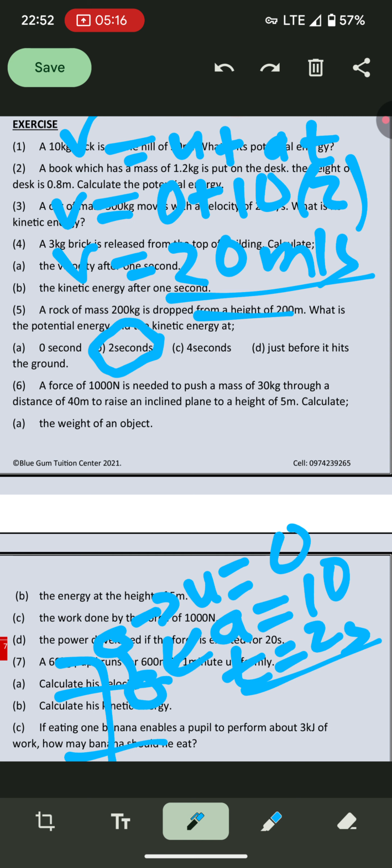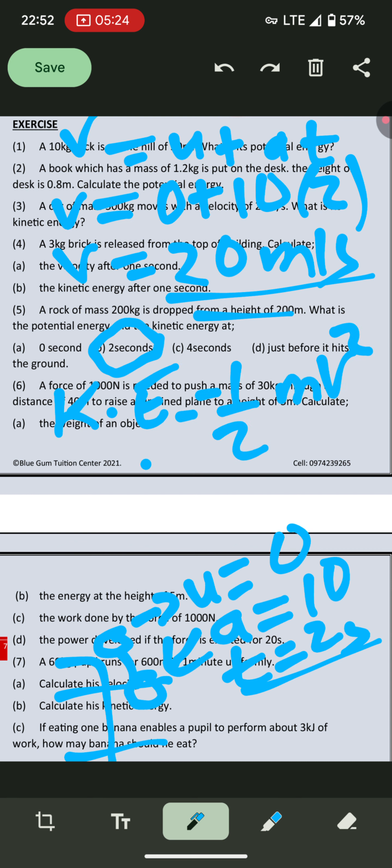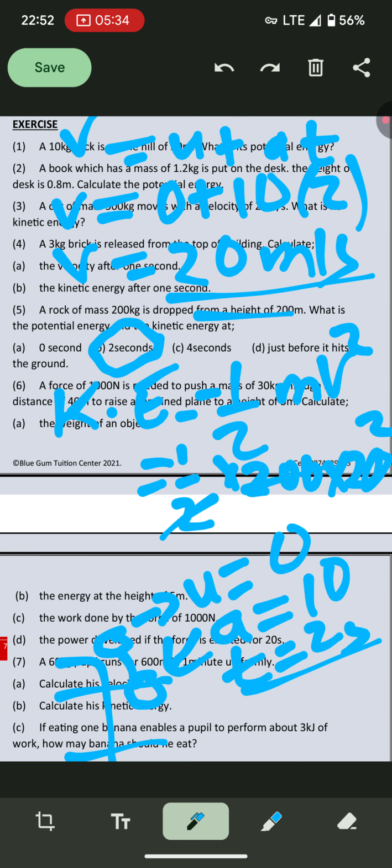Now that we know the velocity, we can use this velocity to find the kinetic energy, which is half mv squared. So it's half, the m is 200, the v is 20 squared.